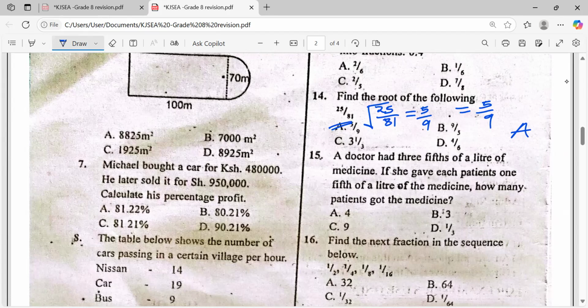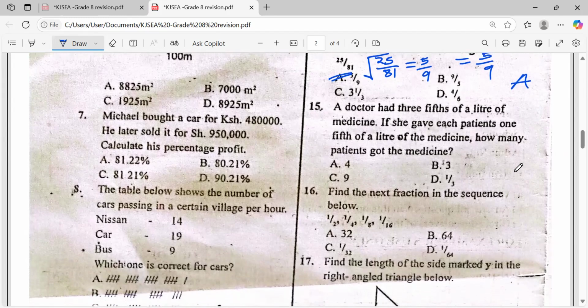Now, question number 15. You've been told a doctor had 3/5 of a liter of medicine. If she gave each patient 1/5 of a liter of the medicine, how many patients got the medicine?